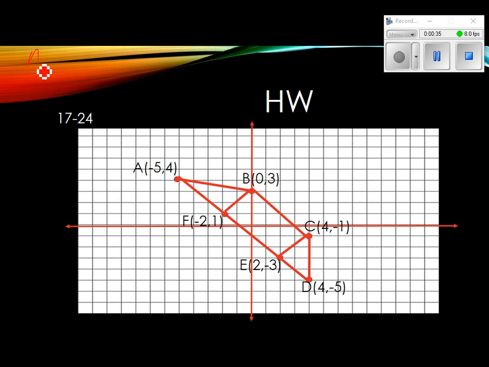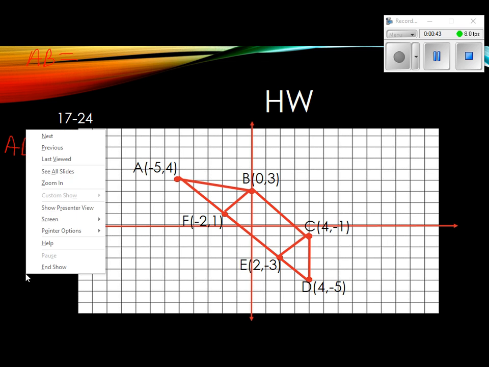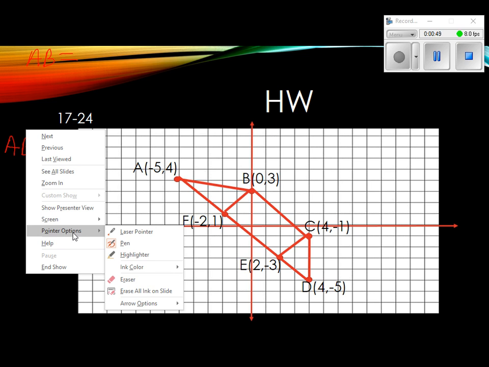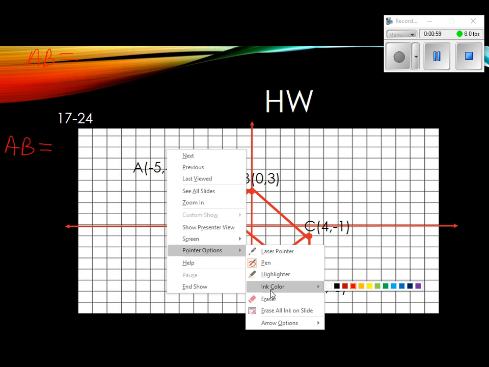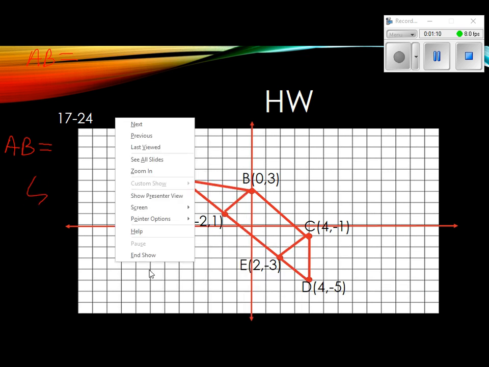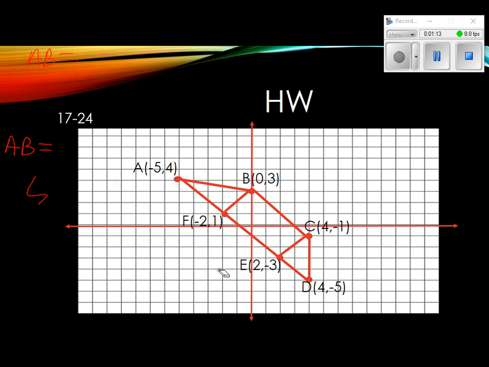Let's do AB first. I can't see that, can you? How about there? Can you see it there? Bright green, like you guys. Do white. White sucks.